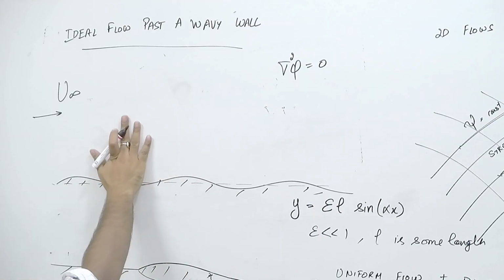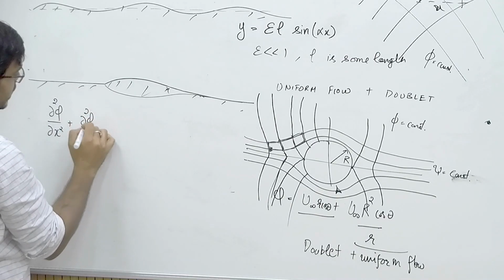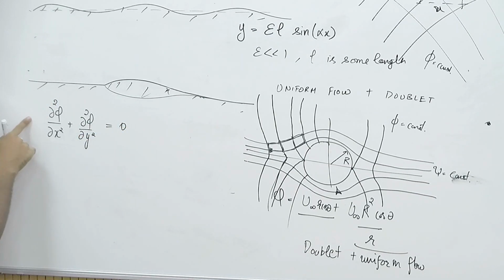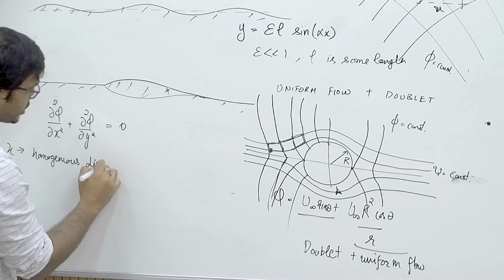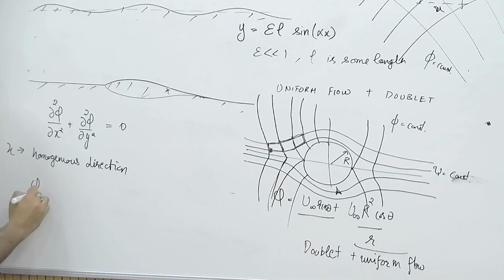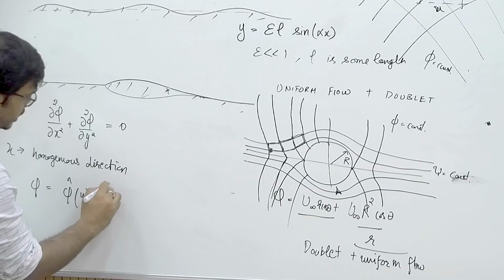Okay, so we are basically going to solve this equation. I am taking a wavy wall that is infinite in x, so that means x is your homogeneous direction. Homogeneous direction means that I can write this phi as some phi hat y e to the power i k x.